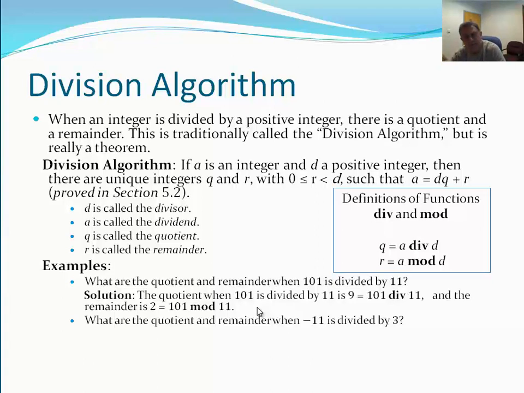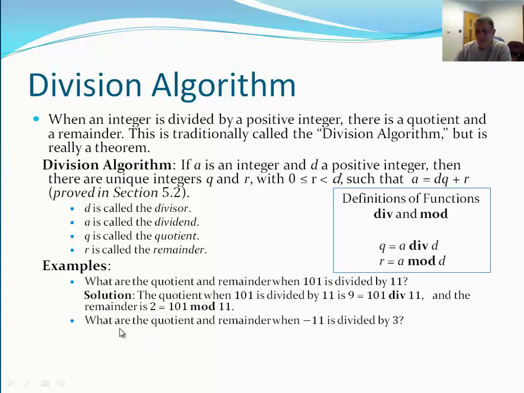Remember that the remainder cannot be greater than or equal to the divisor. Then what's r? A mod d, 101 mod 11, meaning you divide 101 by 11, and whatever is left is the remainder. Quotient is 9: there are 9 elevens in 101. And what is left? 2.